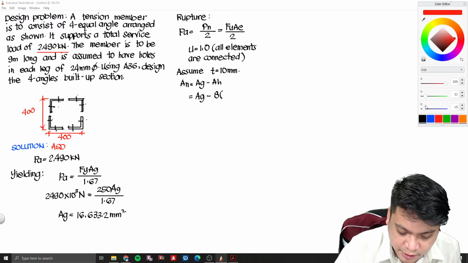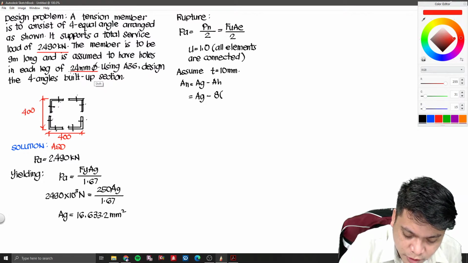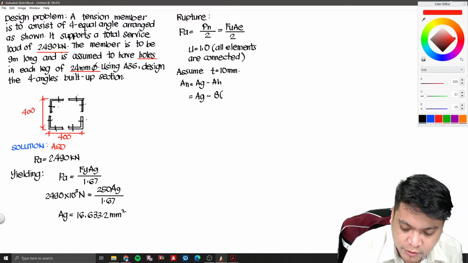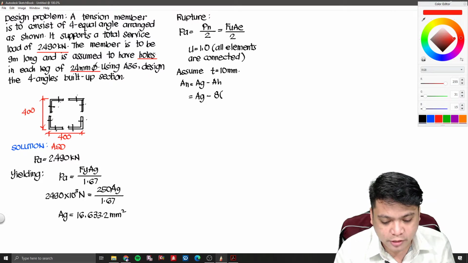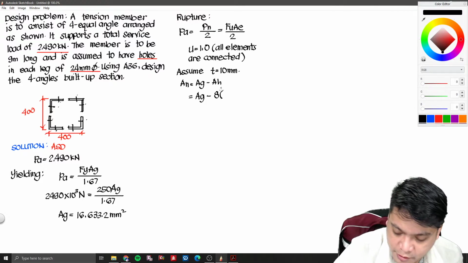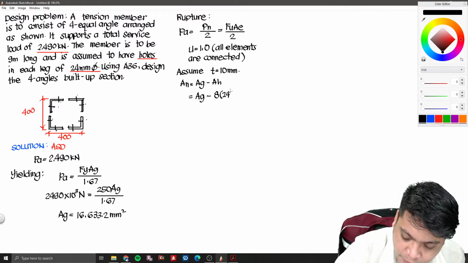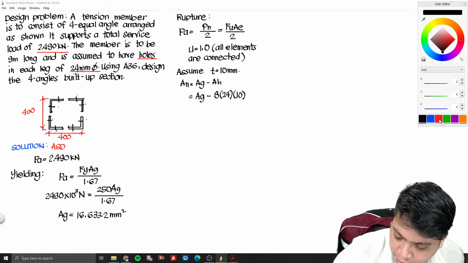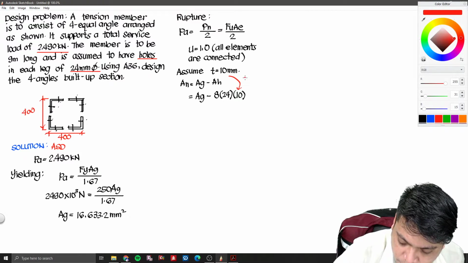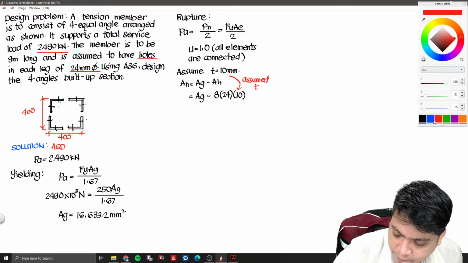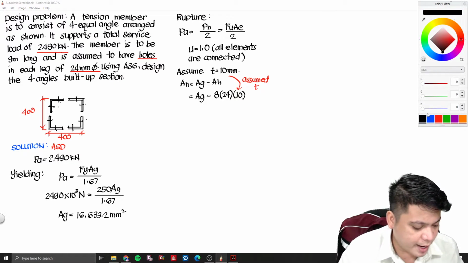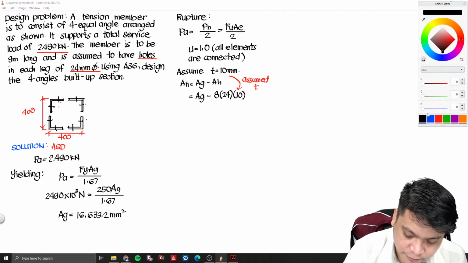Ang given na dito is diameter ng hole. So 24 mm to have holes, no? Sabi niya, to have holes in each leg of 24 millimeters. So minus multiply it by 24, and then the assumed thickness. Okay? So this now would be my area of net.